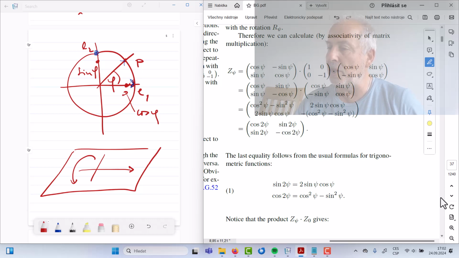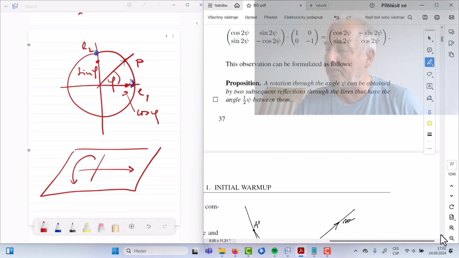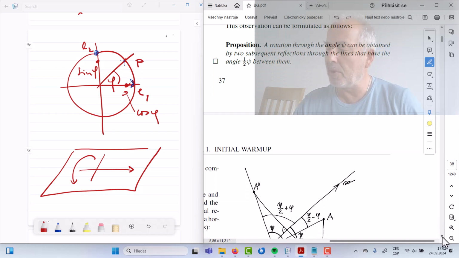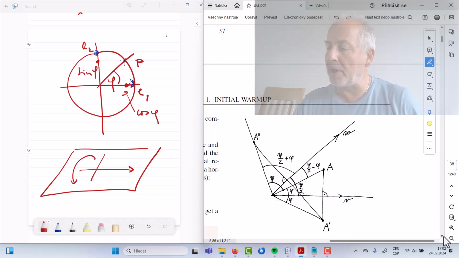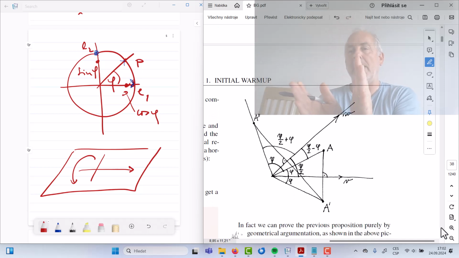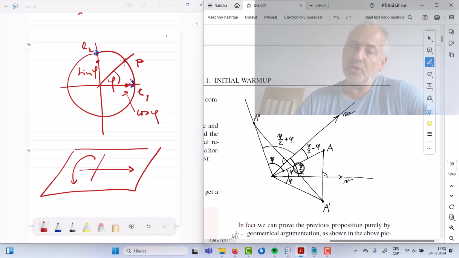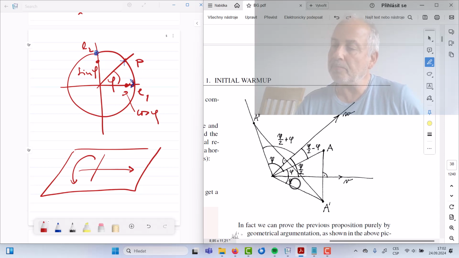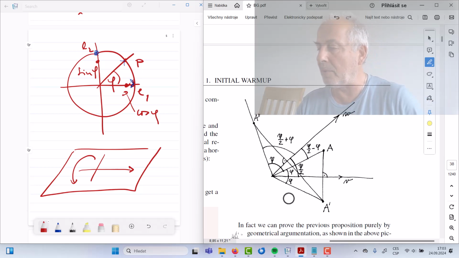And here we see the explicit computation that if you do two reflections one after the other with respect to lines through the origin, or through the same point, which have got the angle phi between them, then it's the same as rotating by, well, as you see here.